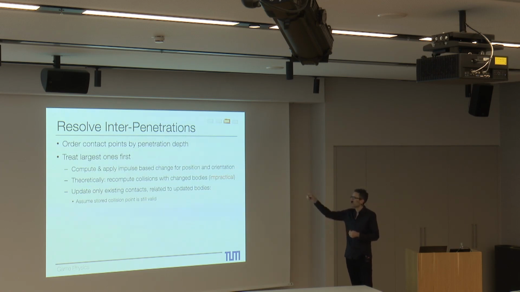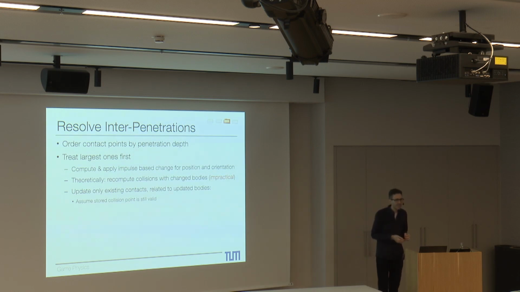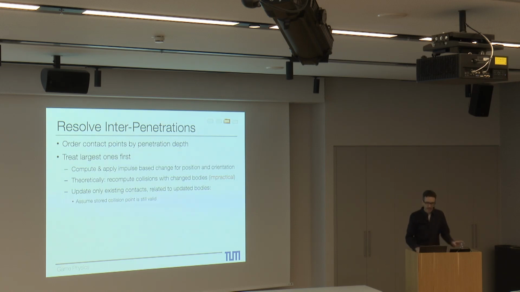We potentially do change, in this case, the position and orientation, so the location of a rigid body, and update the corresponding quantities. So with potentially the position of the collision point, in this case, how far the bodies are inside of each other.